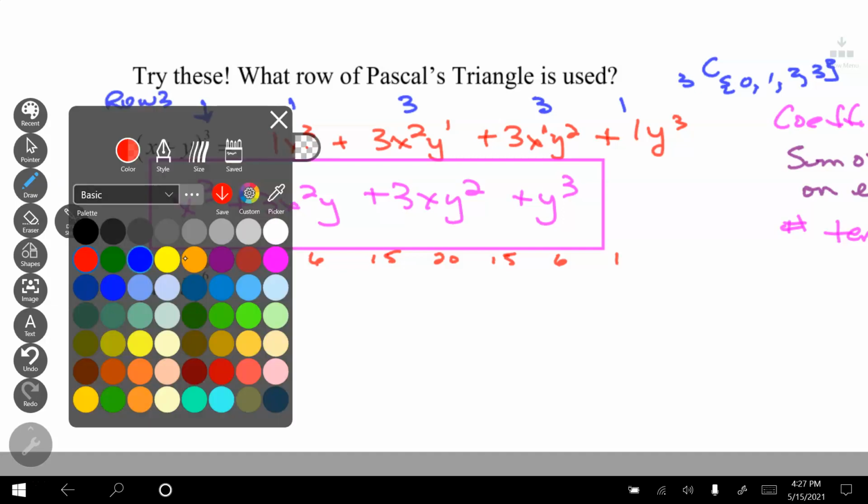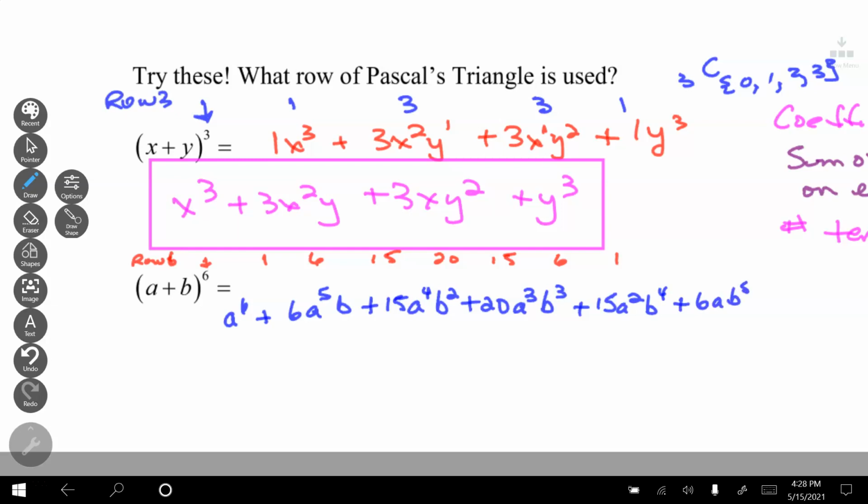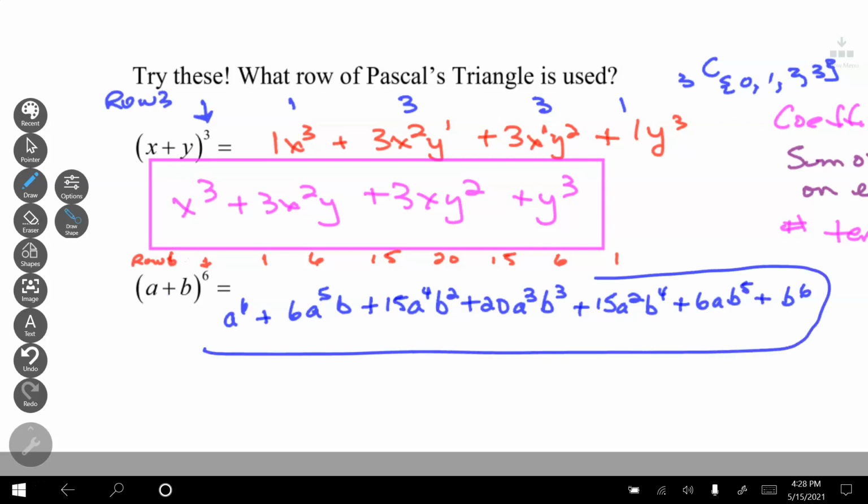And I can write it out as 1, a to the 6th, plus 6, a goes down to the 5th, now I have b to the 1st, plus 15, a to the 4th, goes down by 1, b squared goes up by 1, plus 20, a cubed, b cubed, plus 15, a squared, b to the 4th, plus 6, a, b to the 5th, plus 1, b to the 6th, and that is my final result.